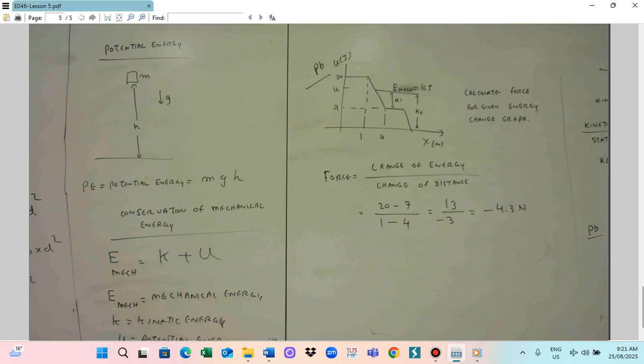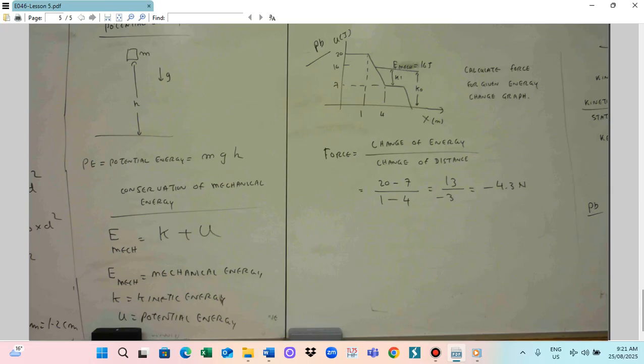Next, conservation of mechanical energy. We can write down the equation for the conservation of mechanical energy.